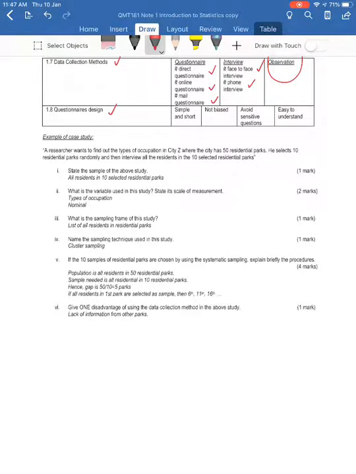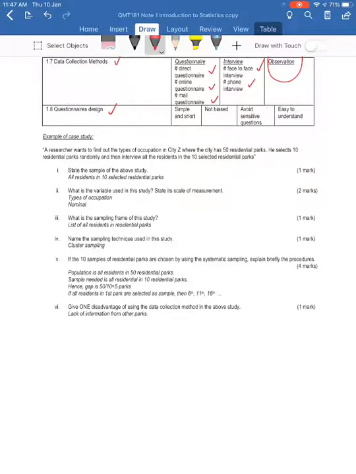Here's an example of a case study. A researcher wants to find out types of occupation, meaning he wants to ask people, what work do you do?